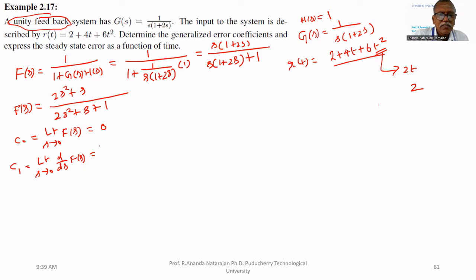We have to differentiate once and let s tend to 0.